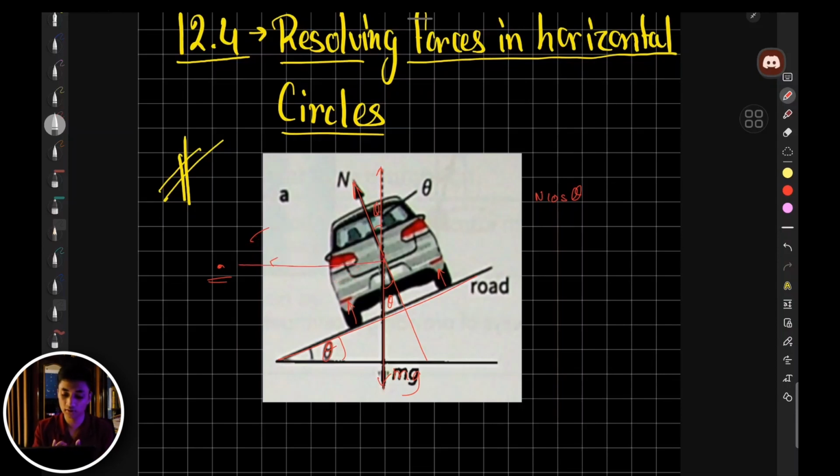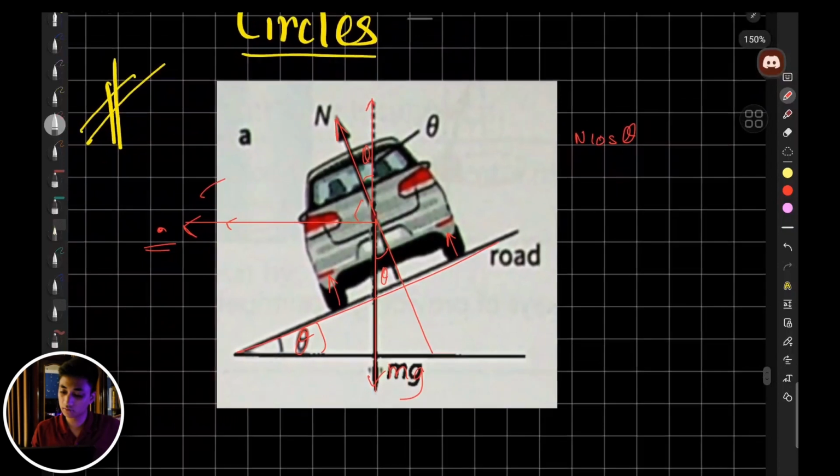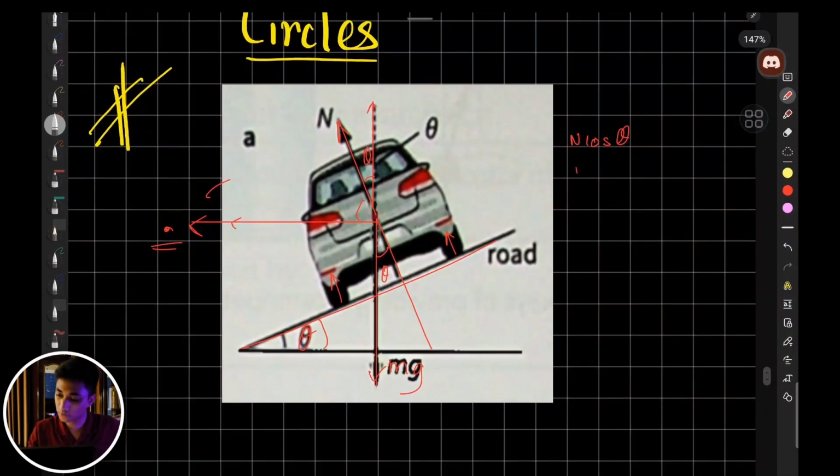It's going to be right over here, in level with the center of mass, let's say. So for the horizontal component, it's going to be N sine theta, which is directly towards the center. Again, we are not including friction in this example, so we are not considering the friction force.